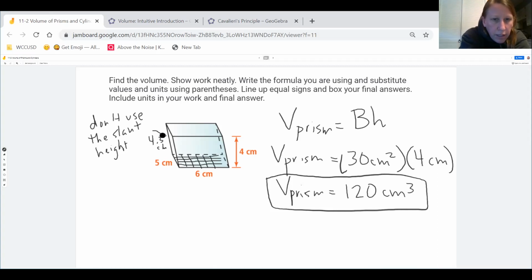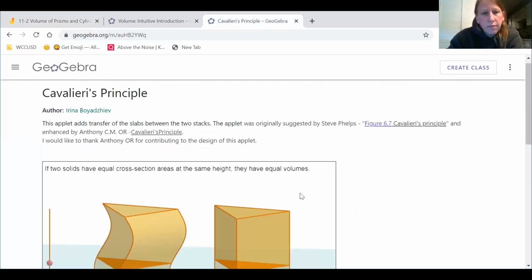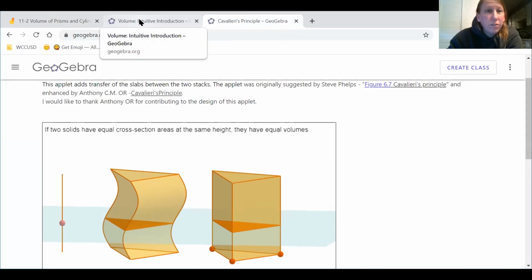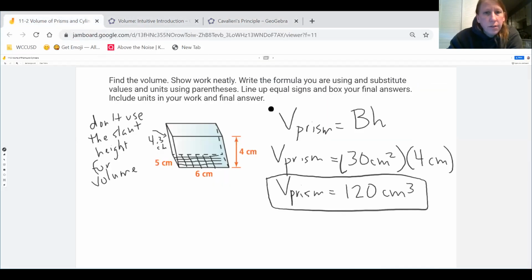If they gave that to you, maybe because you needed to find the surface area, make sure you don't use the slant height for volume. You need to use the height of the prism, which is the distance between the two bases. That's an interesting question. Do these have the same surface area? They have equal volumes. I don't know if they have the same surface area.